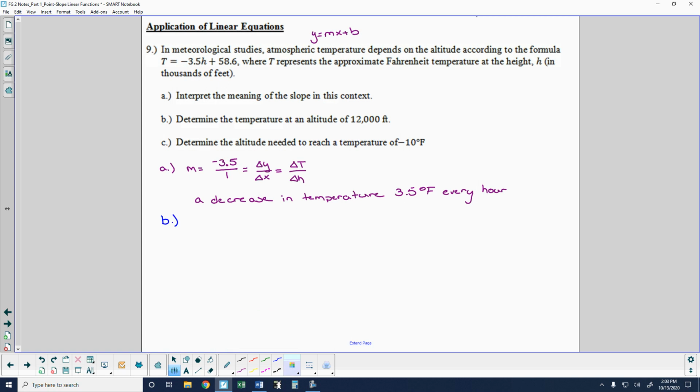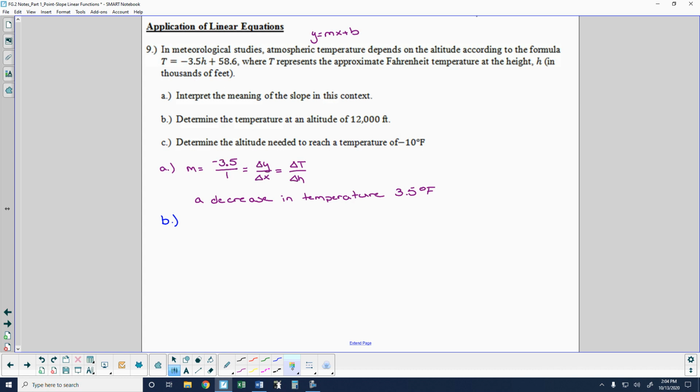In part B, it says determine the temperature at an altitude of 12,000 feet. Sorry, we have a mistake here. Let's go back to what H actually means. Sorry, in problem A, H does not mean hours. H means height in thousands of feet. So in this problem, it's actually a decrease in temperature.